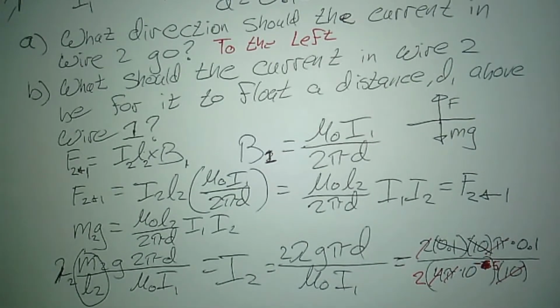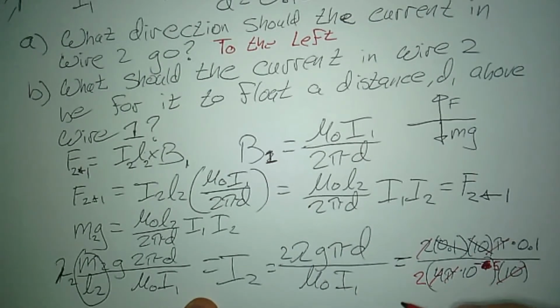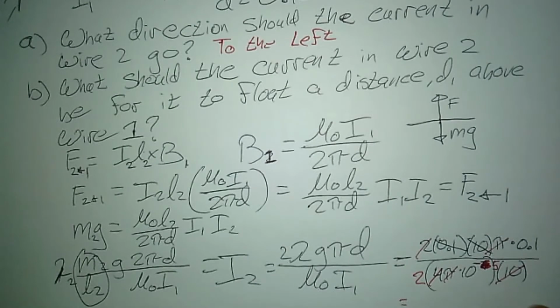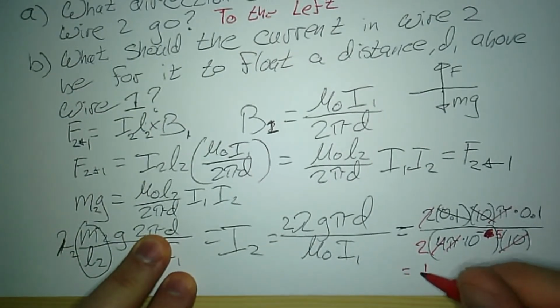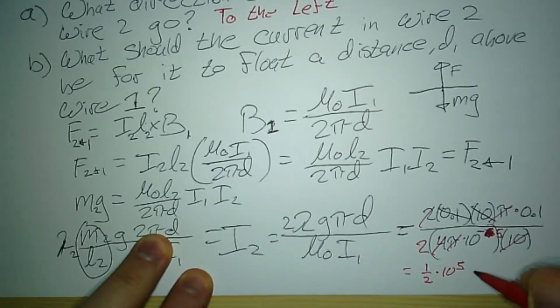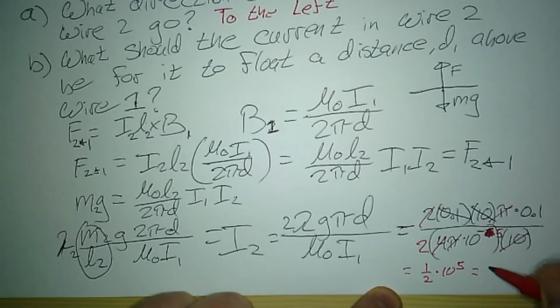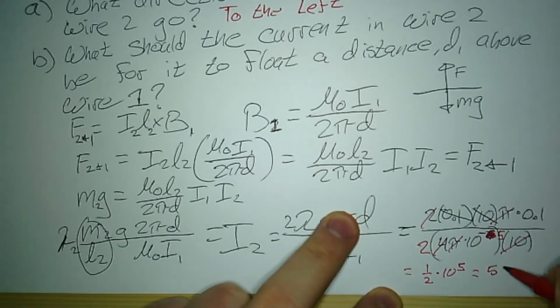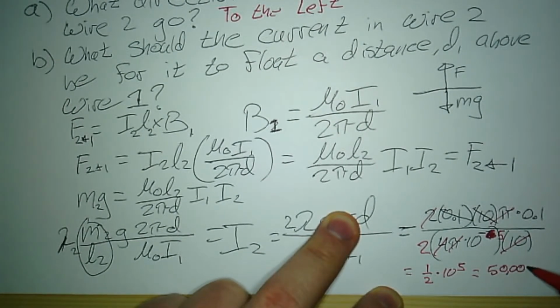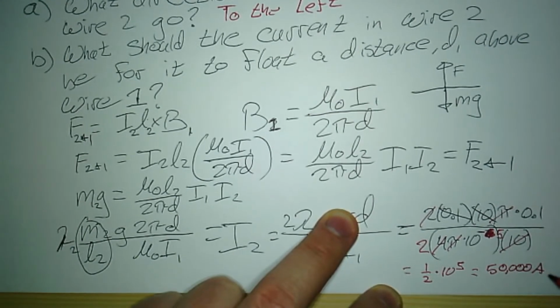So we have 1/2 times 10 to the 5, because negative 5 on the bottom. So that is going to equal 50,000 amps for I2.